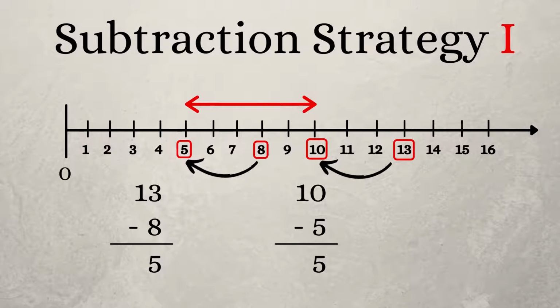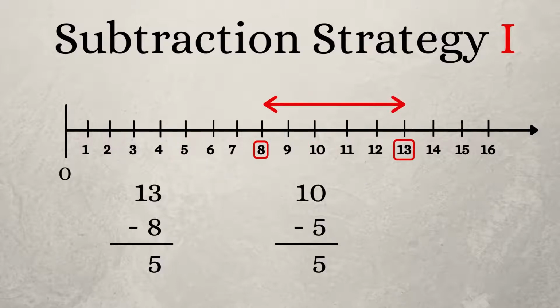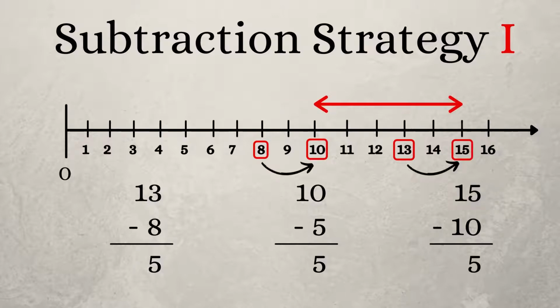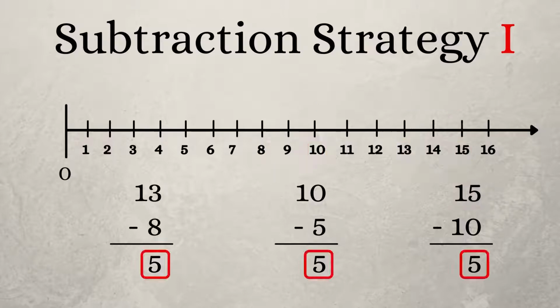It's the same difference, 5, which we got by subtracting 13 and 8. Now what if you add 2 to 13 and 8? We get 15 and 10. And the difference is exactly the same again, 5. Hope you get it now.